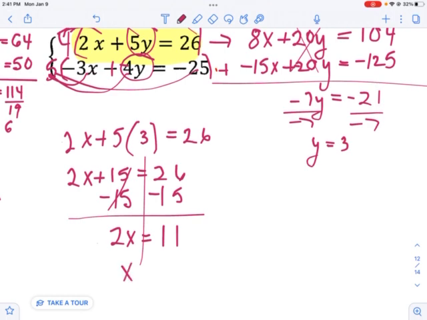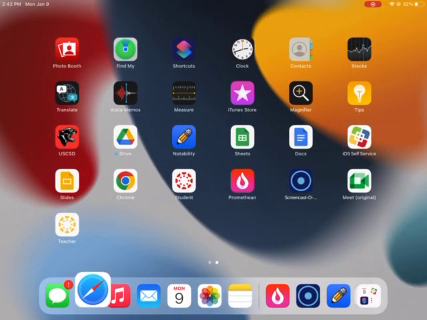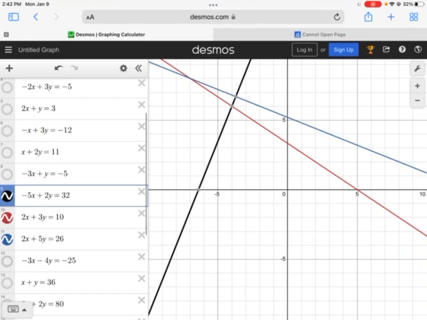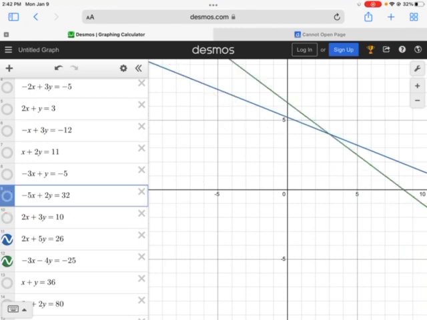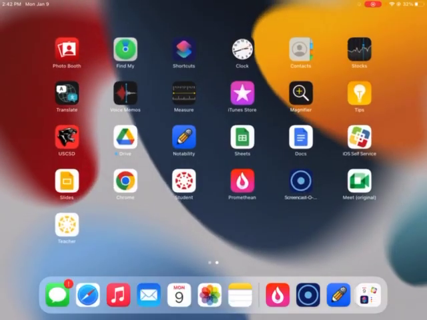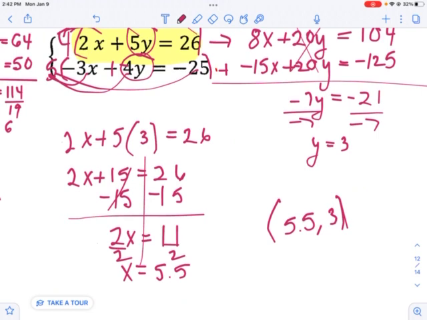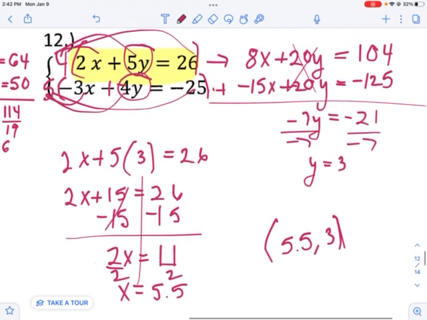Wait a second, I have 3 comma 4? Let's see, what do I have? 3 comma 4. 2x plus 5y, negative 3x. Ooh, no, 2x plus 5 times, I didn't get the y.